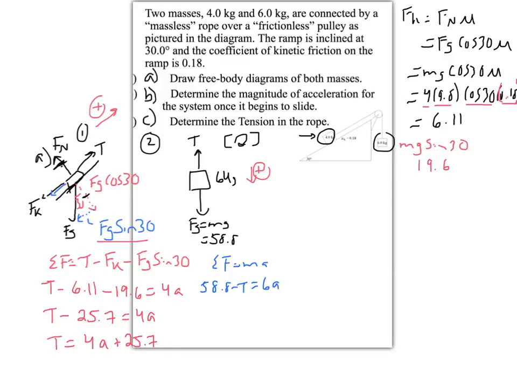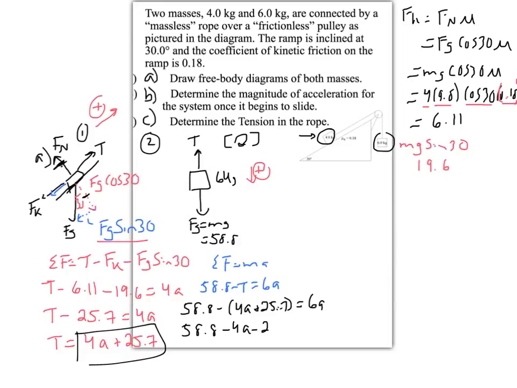And now we're ready to substitute. We can substitute our T value, which we got right here, into this T value there. So let's try that. Let's do 58.8 minus (4a plus 25.7) equals 6a. We simplify that, and we get 58.8 minus 4a minus 25.7 equals 6a.